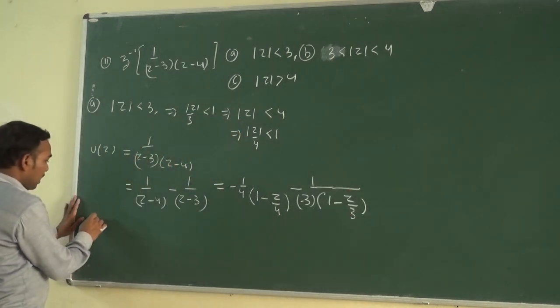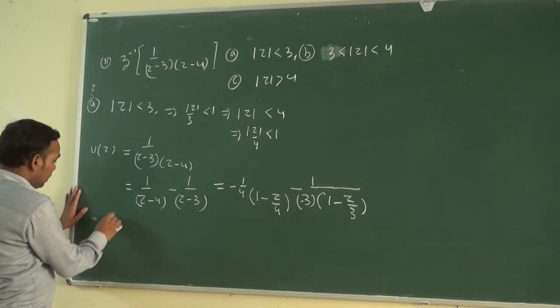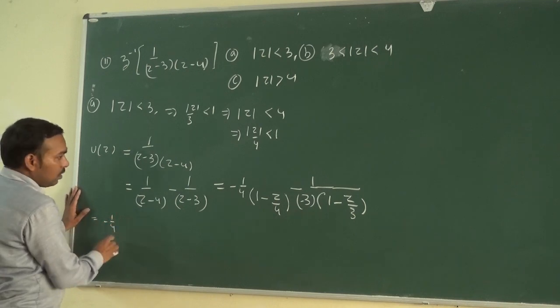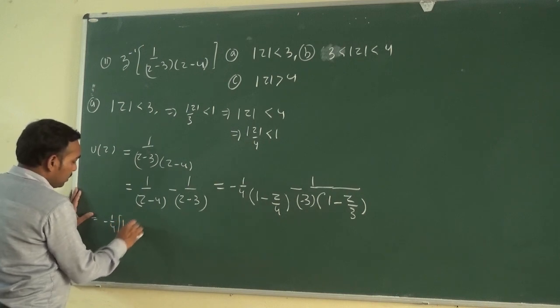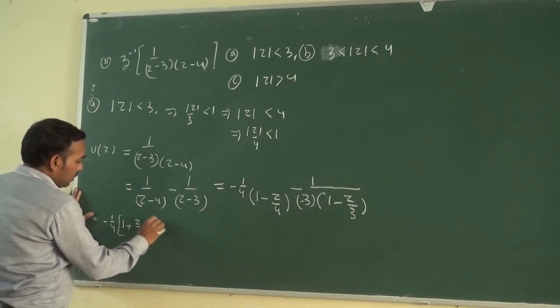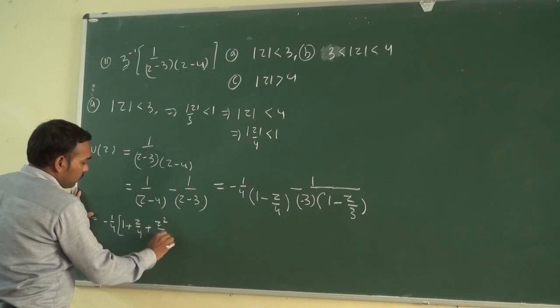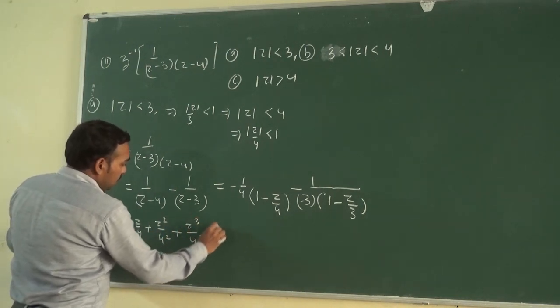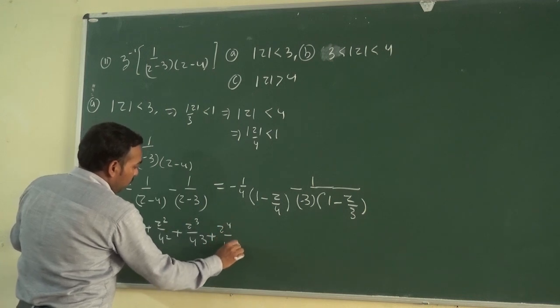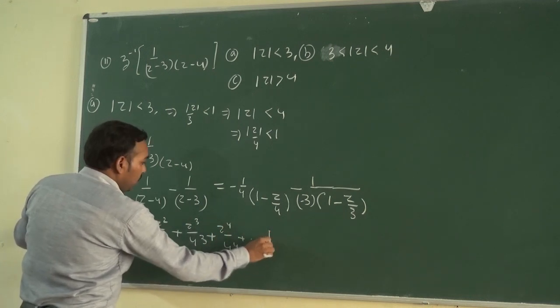Or this can be written as minus 1 upon 4, and if we expand, 1 plus z upon 4 plus z square upon 4 square plus z cube upon 4 cube plus z to the 4 upon 4 to the power 4 and so on.